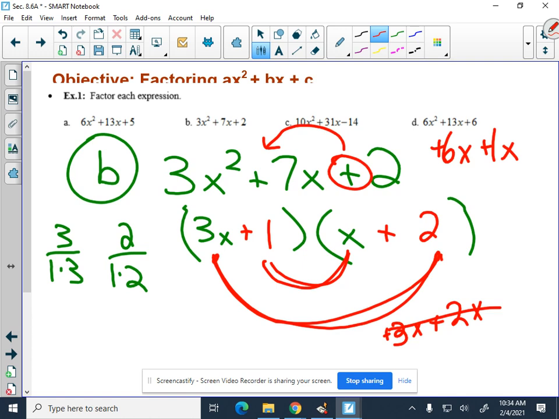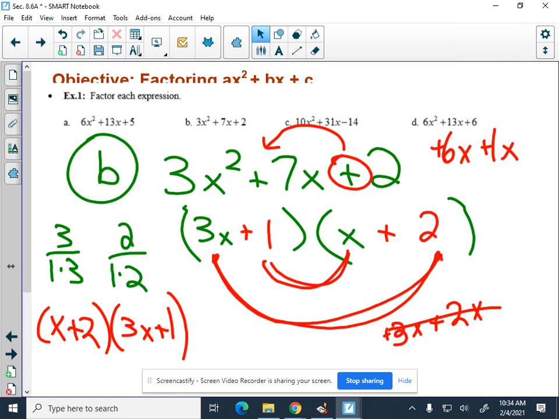If you switched them around and you wrote your answer like this, you wrote x plus 2 times 3x plus 1, you're correct as well. And why? If I ask you, what is 2 times 5? 10. Well, what's 5 times 2? 10. So it's just like that.